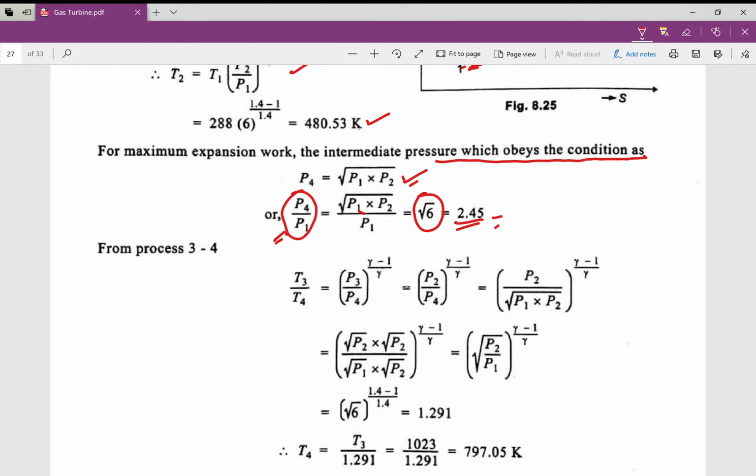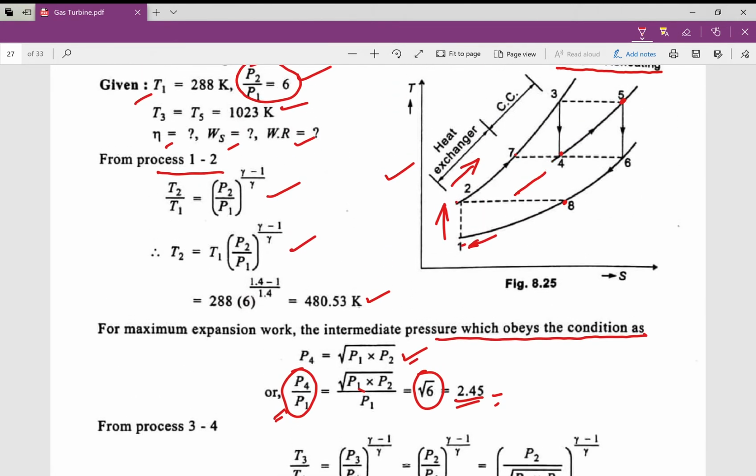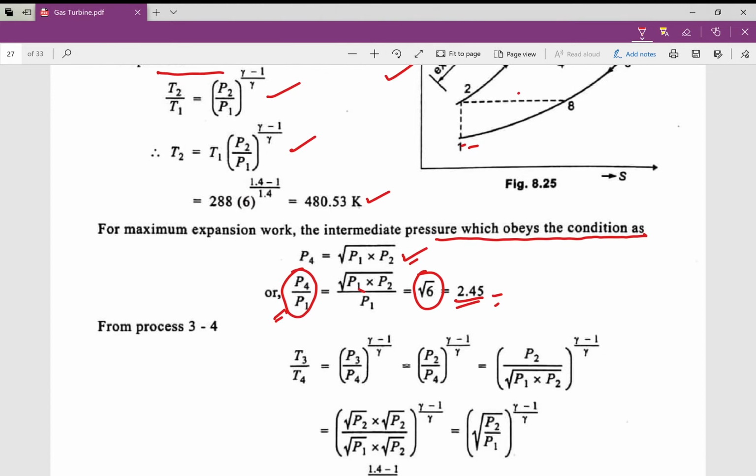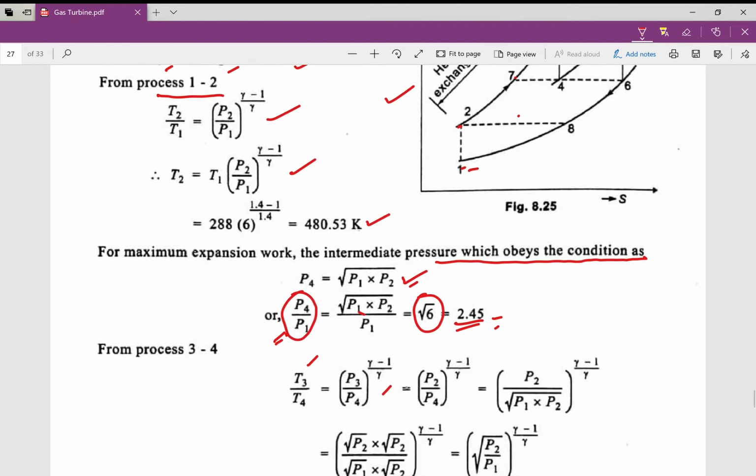So now apply to process 3-4, that is the expansion taking place in turbine number 1. So T3 upon T4 as usual like this. P3 is equal to P2, this P3 is on the same pressure line. So we can write P3 upon P4, that is P2 upon P4.